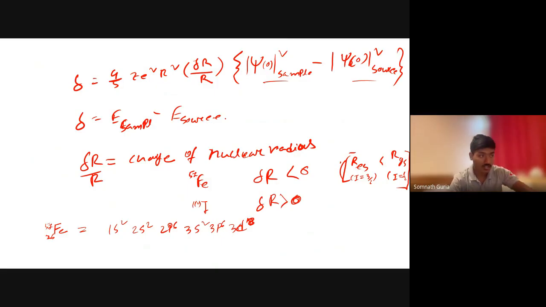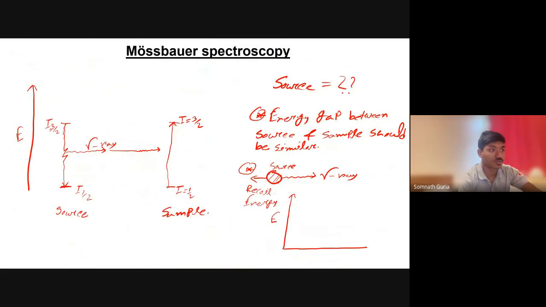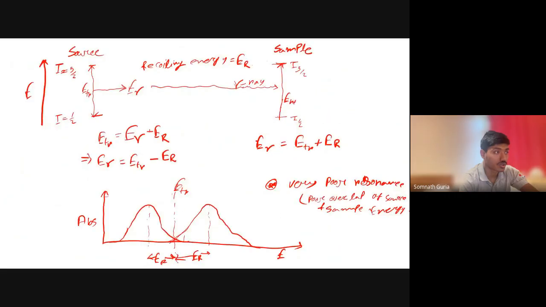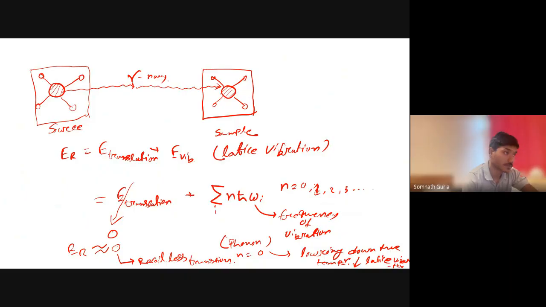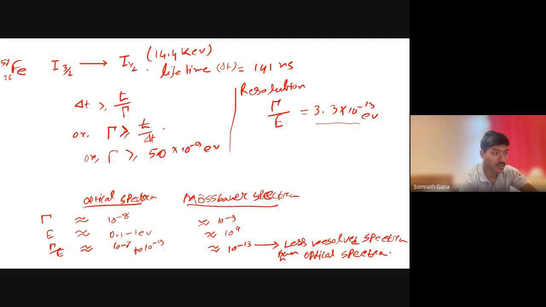Today we discussed, let's summarize all those things. We introduced how my Mossbauer spectrum comes about, how my source has to be stored, and samples are in matrix form to resolve the vibration and recoil energy. Then we came to the line width and line broadening, why it's required, and why it is a less resolved spectrum than the UV spectrum.